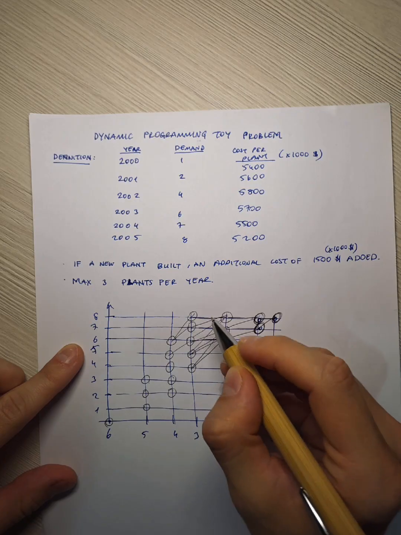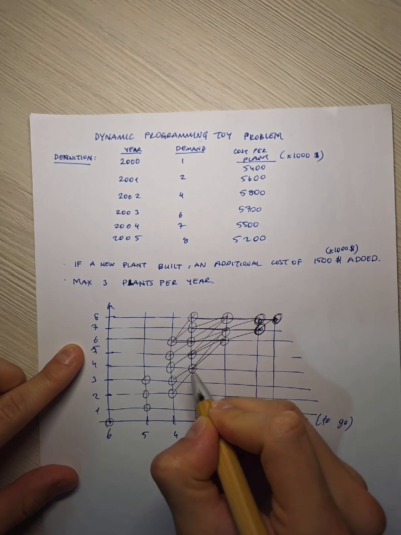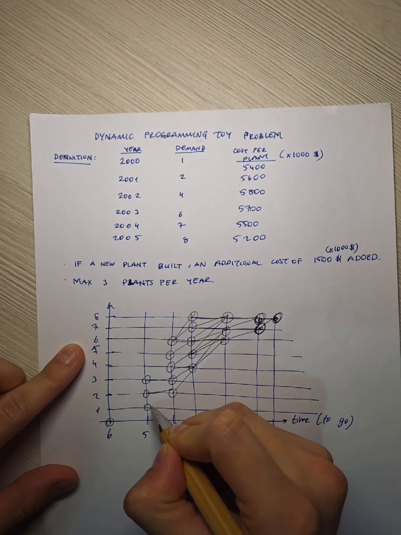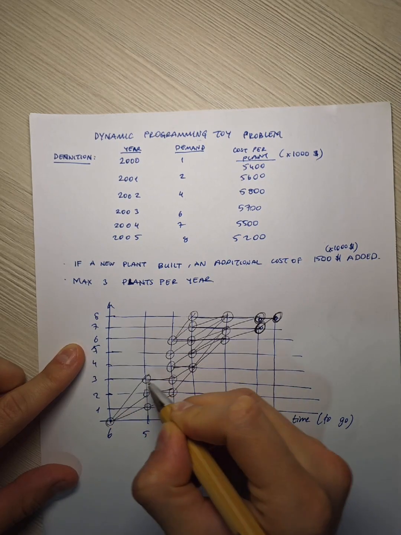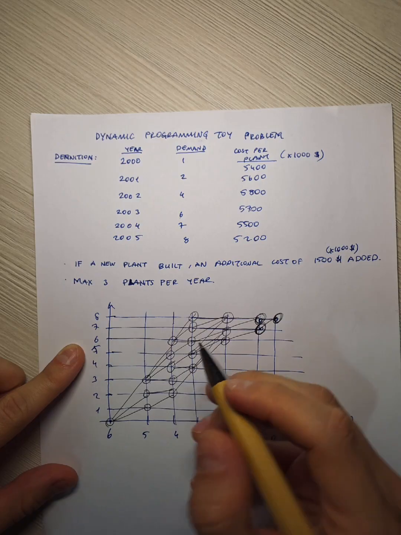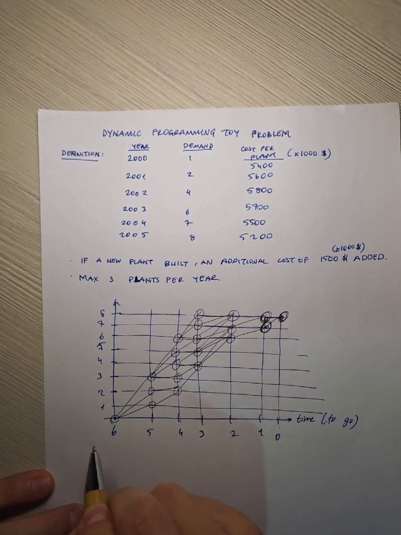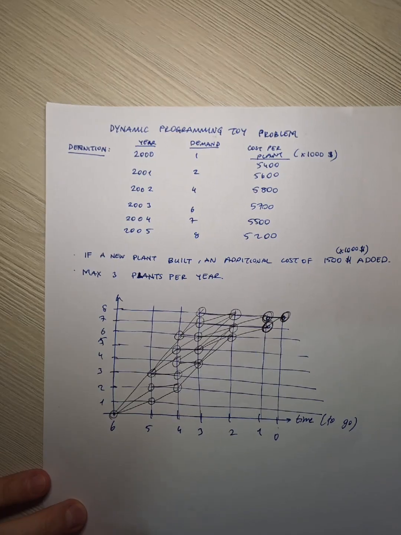Okay, maybe I can speed up this part. I think you understood the problem here. So we can plant up to 3. Okay, here, I think they are done.